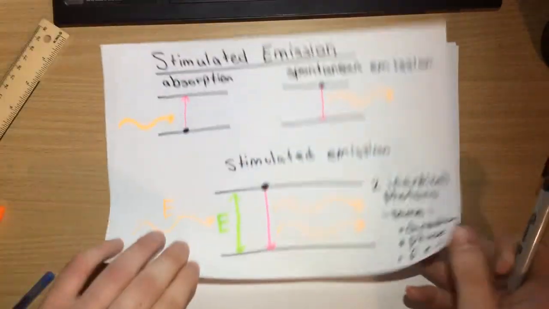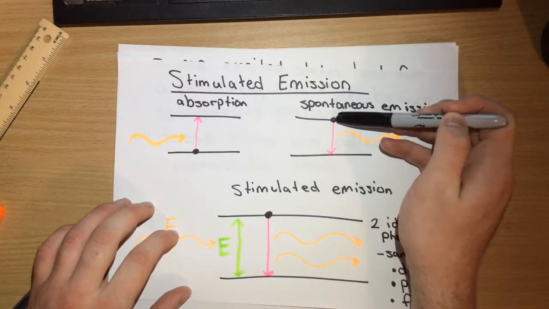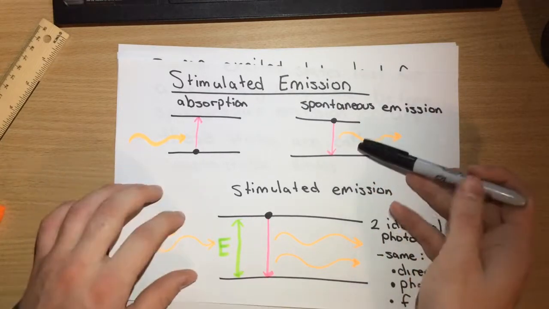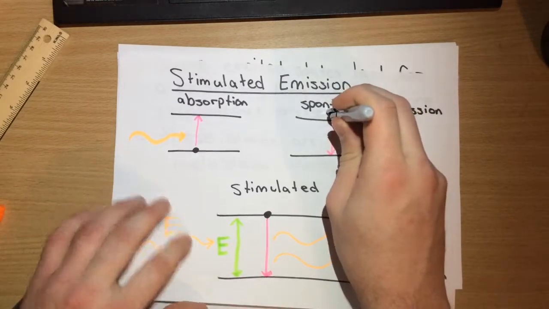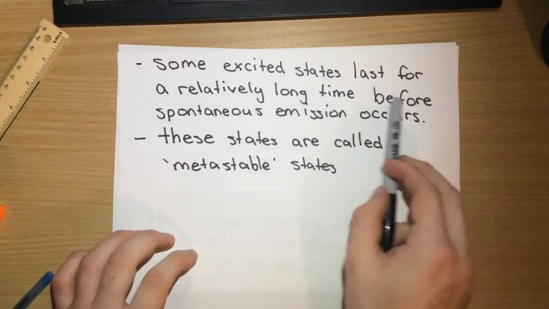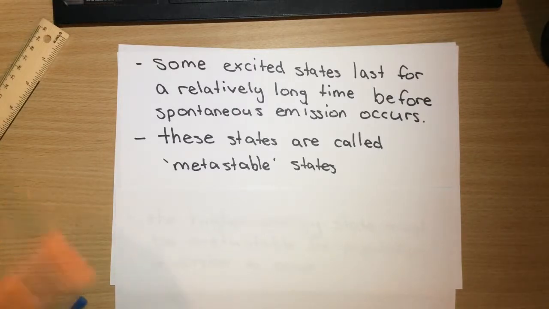Most of the time, if we get an electron in a high energy state, it just spontaneously emits pretty quickly. So what we need is this electron up here to be able to stay there for a long time. Some states do actually last for a long time before that occurs, and what we call these is metastable.